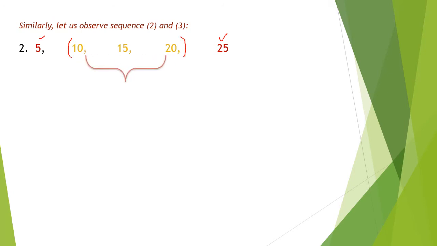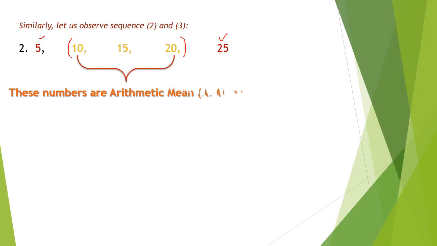Now these numbers 10, 15 and 20 are arithmetic means between first term 5 and last term 25. In case there are more than 3 terms in an arithmetic sequence, then the terms between the first and last are arithmetic means.